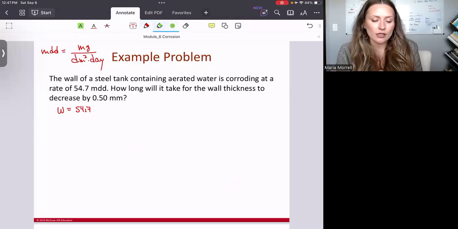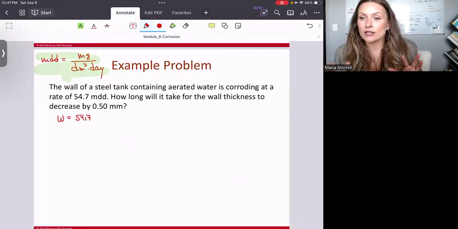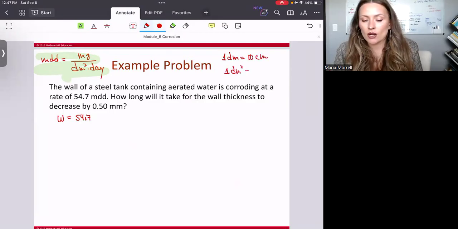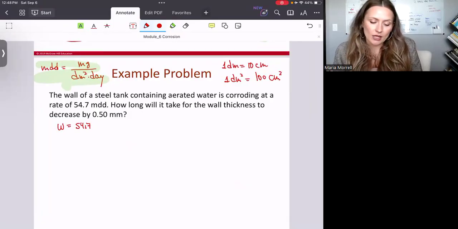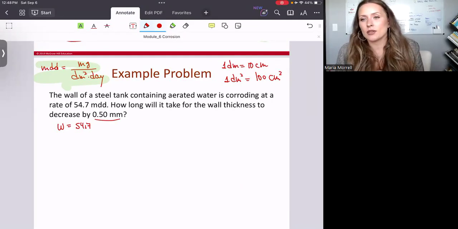This is something that you would like to remember by heart because you would need it quite a bit. Just to remind you, 1 decimeter is equal to 10 centimeters, meaning that 1 decimeter squared is going to be 100 centimeter squared. So this is just the area. Now, how long will it take for the wall thickness to decrease by 0.5 millimeters?